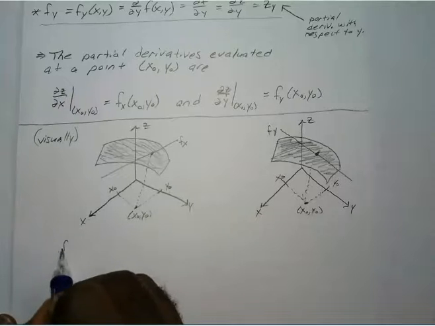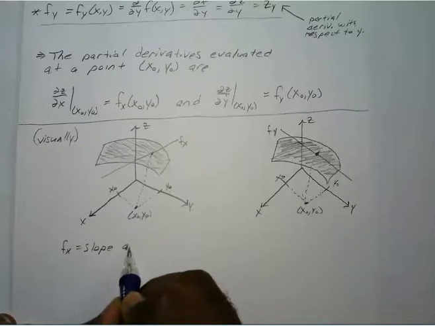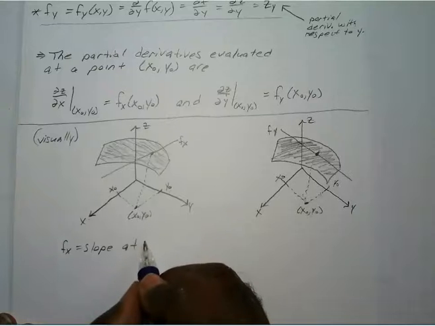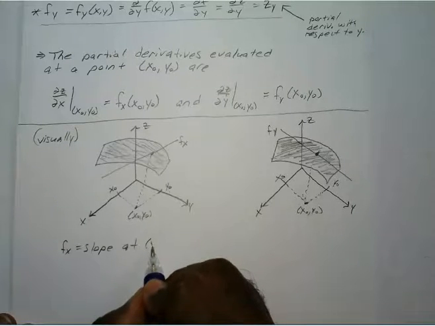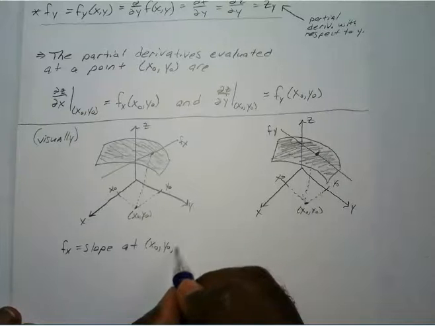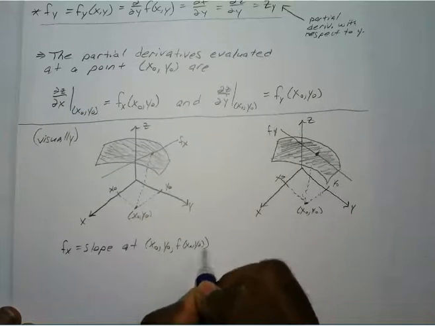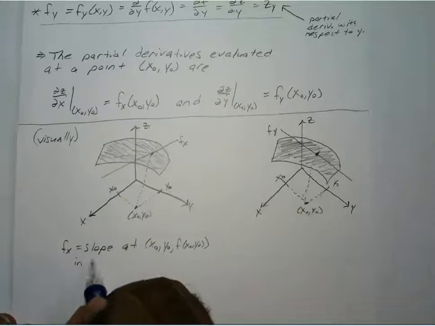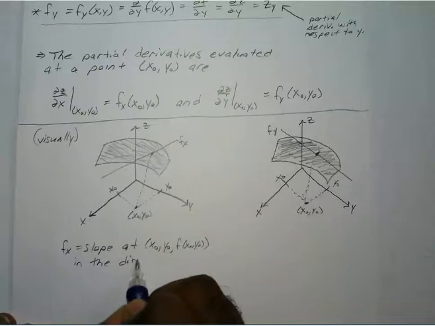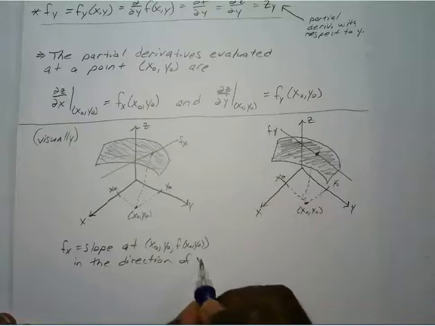Okay, so all in all, our f sub x is equal to the slope at x0, y0, f of x0, y0, in the direction of x.